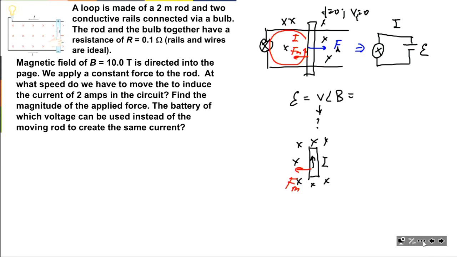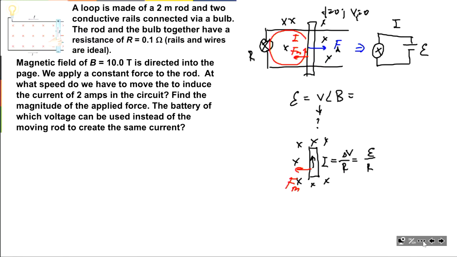And eventually, if we move it, first of all, we can mention that electric current should be equal to voltage over resistance, or EMF over resistance. That's Ohm's law. Nothing says we cannot use it. It's the same circuit. We have EMF, we have a resistor, so we can use Ohm's law.